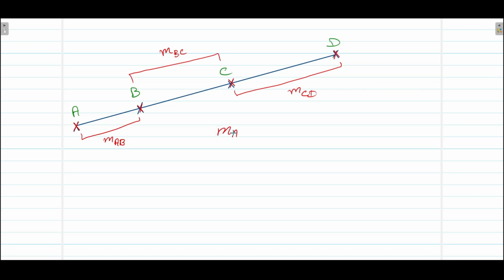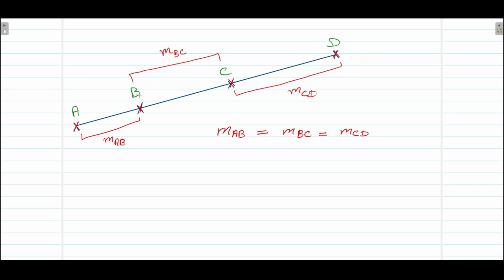So what do I mean by that? It means slope of AB will be equal to the slope of BC will be equal to the slope of CD. All these three slopes will be equal to each other. Even if you find the slope of A and D directly, if you use this point and this point to find the slope, still the slope will be same.